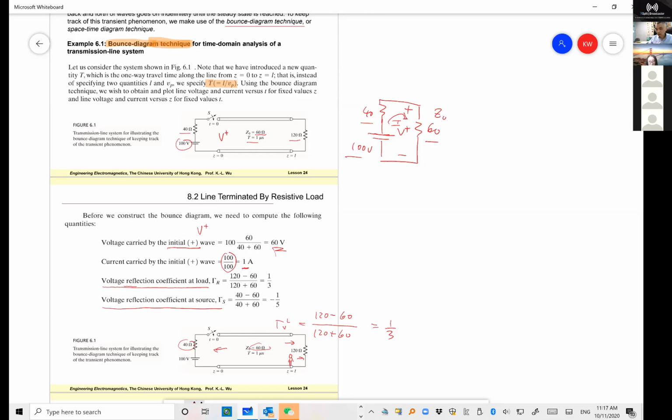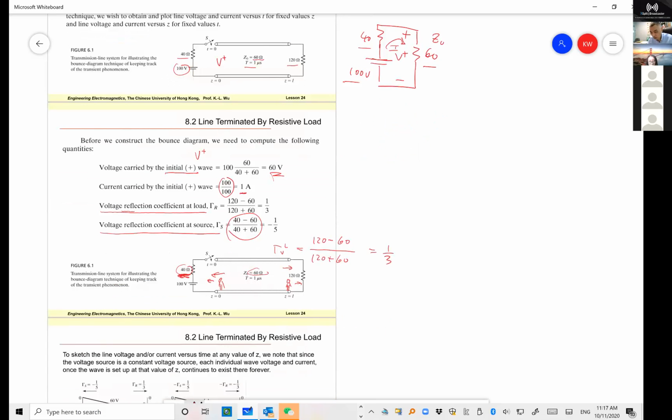When you look at the source, what you see is the 40 ohm, your load, right? So this is how you find the reflection coefficient. We don't list the current reflection coefficient because that is the negative of the voltage reflection coefficient.